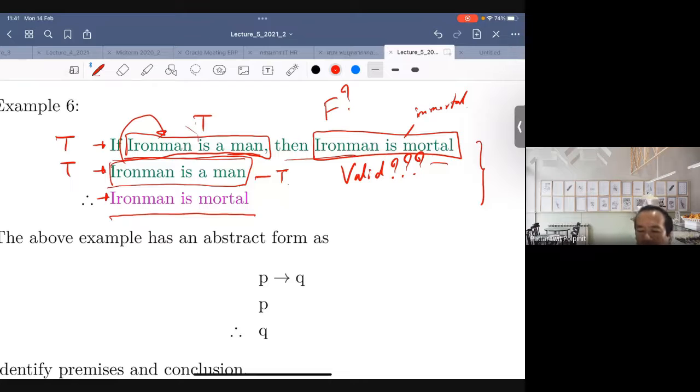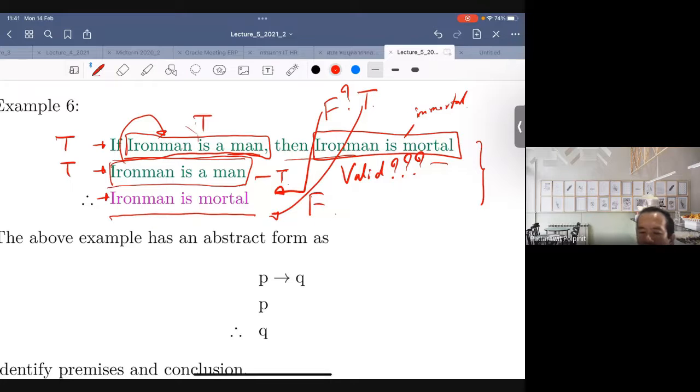If it is false, the conclusion is false. But no matter what, the conclusion has to be true, so the argument is valid. Now, can Iron Man is mortal be false?